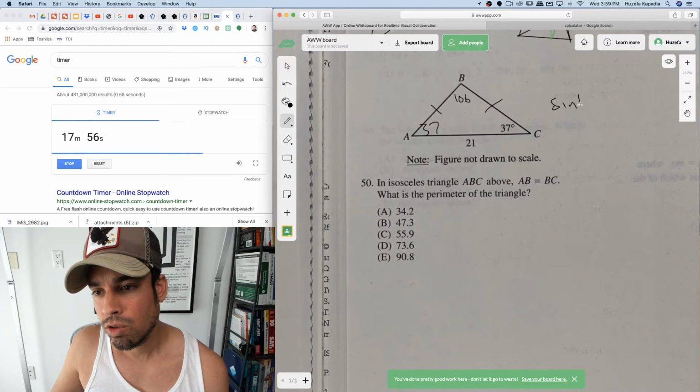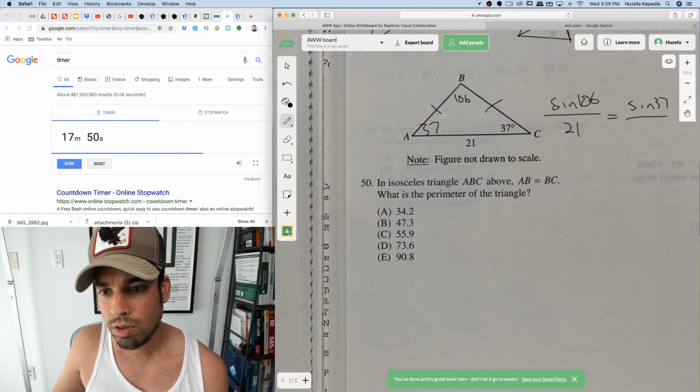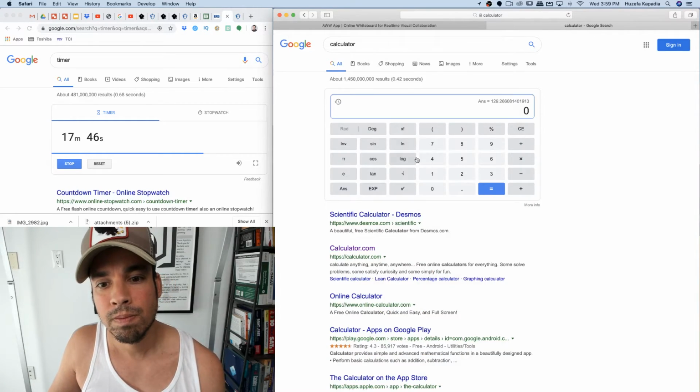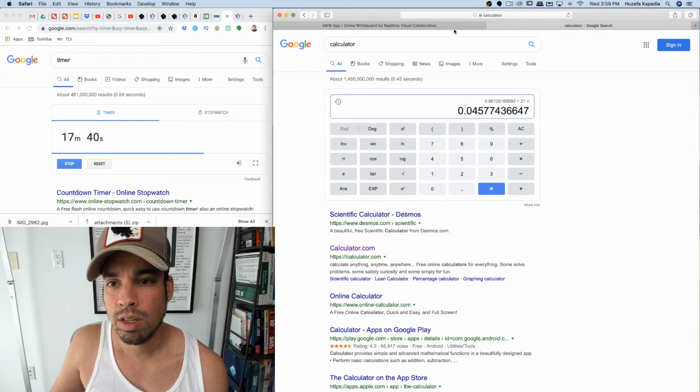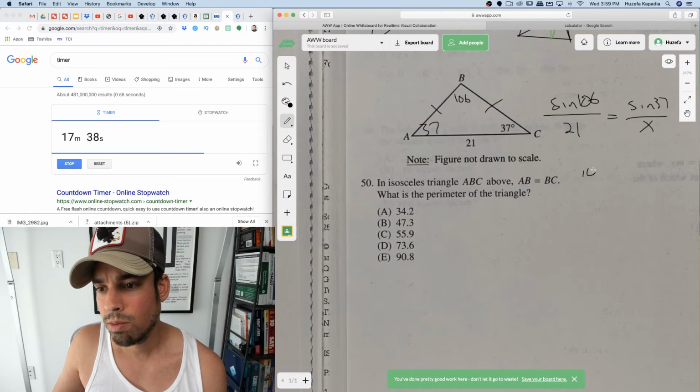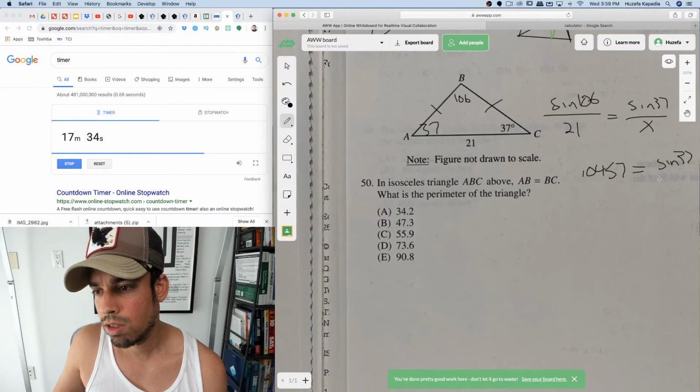So sine of 106 over 21 equals sine of 37 over x. Sine of 106 over 21 equals about 0.0457, equals sine of 37 over x.